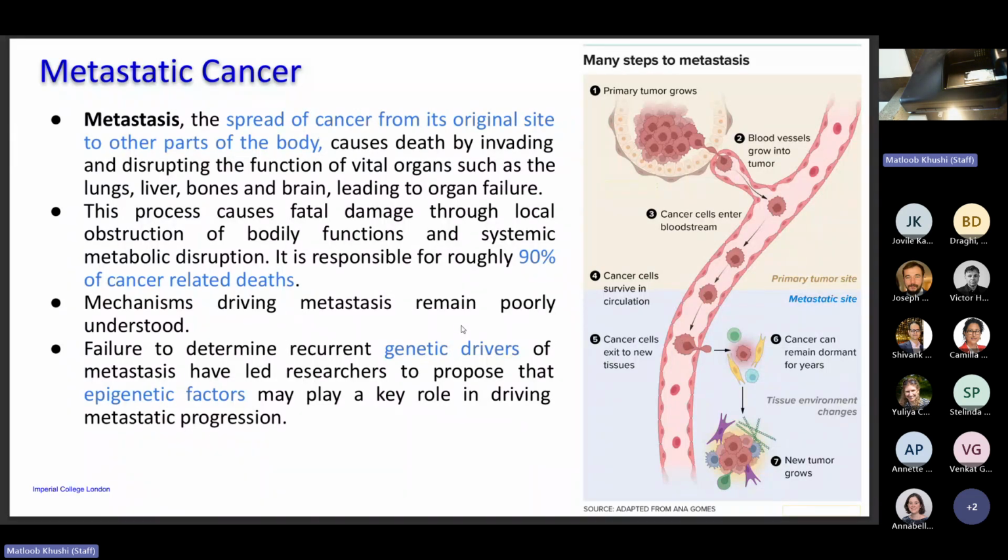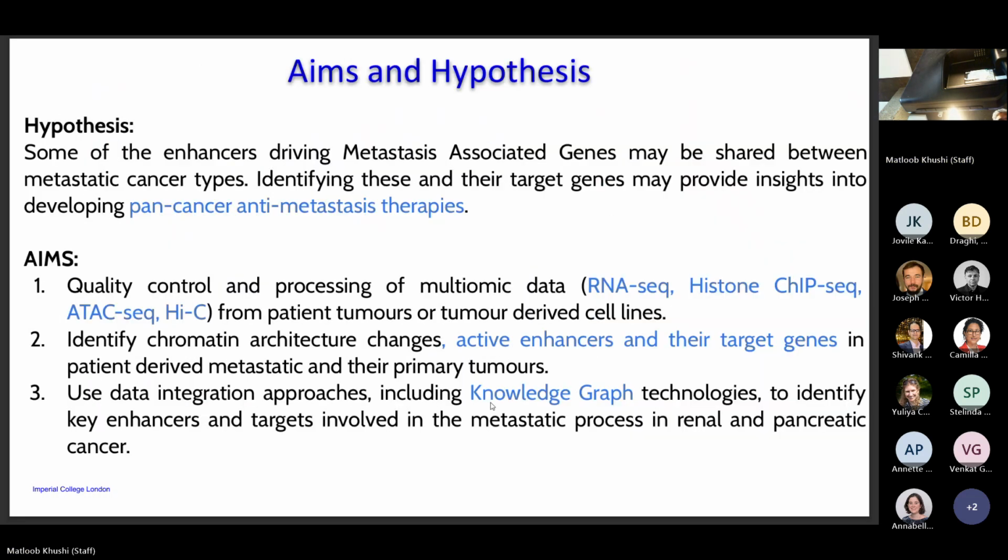So the next question is, is it epigenetic? And there's more evidence saying that there are epigenetic factors that help drive this metastatic process. Unlike the other one, this is more biology heavy. I'll try and explain things, and it's shorter than the other one.